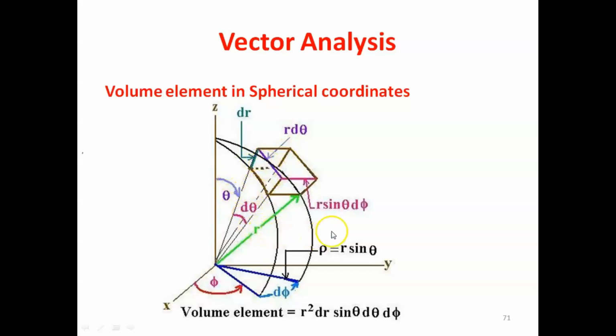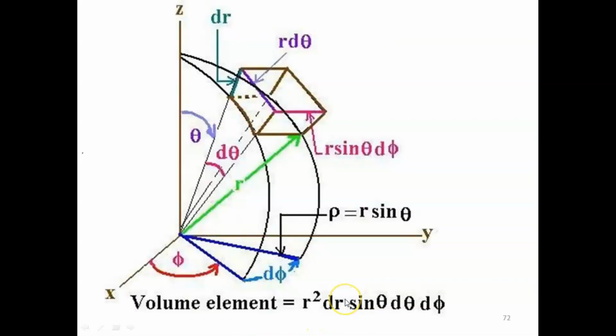Now one has to multiply r d theta, r sin theta d phi and dr, these quantities, to obtain the volume element, and if you properly write the product of these 3 quantities, it will be r squared sin theta dr d theta d phi. So this offers a more closed look at the diagram.